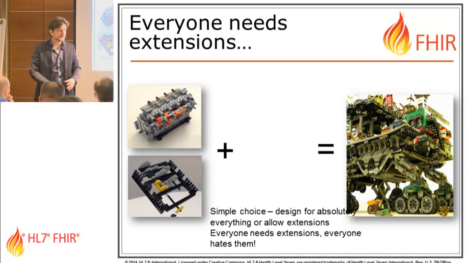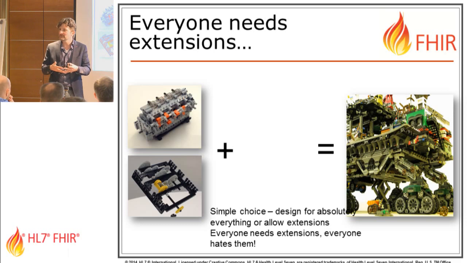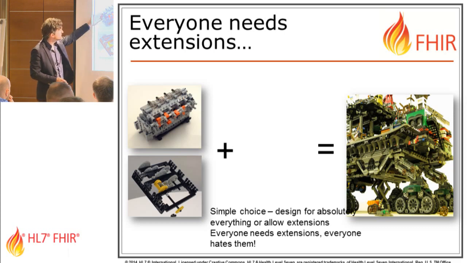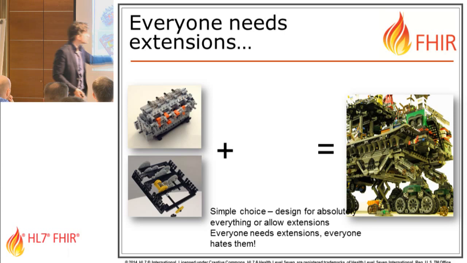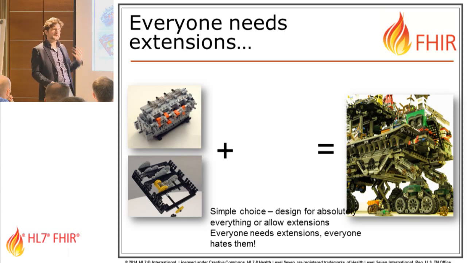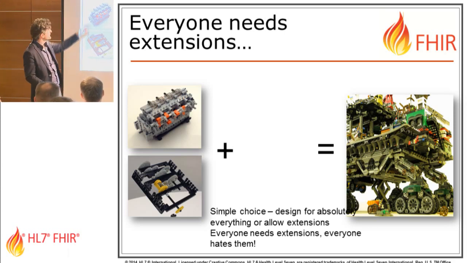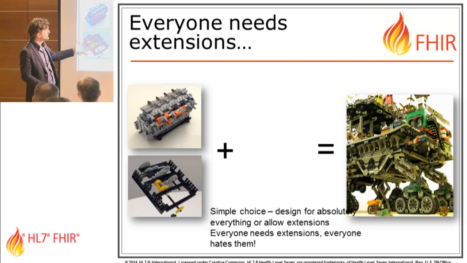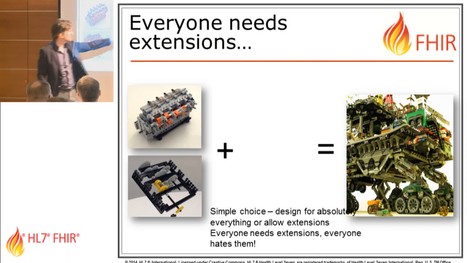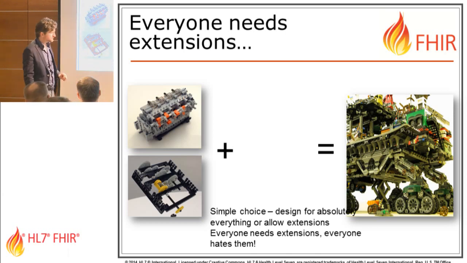If you look at marital status, it's the society who defines what kind of codes there are for ways people live together. There's no way you can define it on an international basis. So everyone needs extensions. That's why I depict the FHIR resources as these half-built blocks. To get there, it certainly helps if instead of starting with these very flexible little things, to start out with these blocks, these resources. But to get there, you still need these extensions.